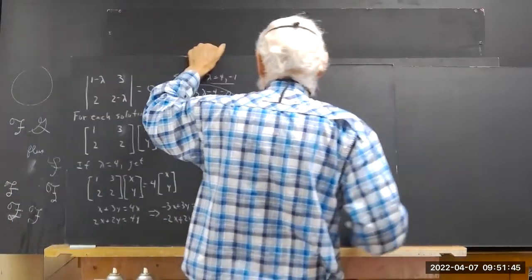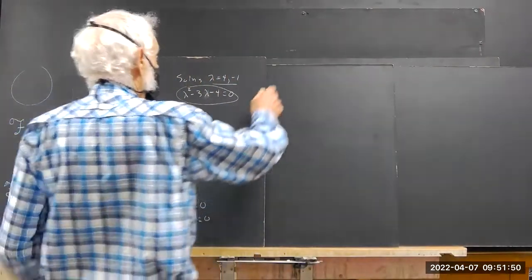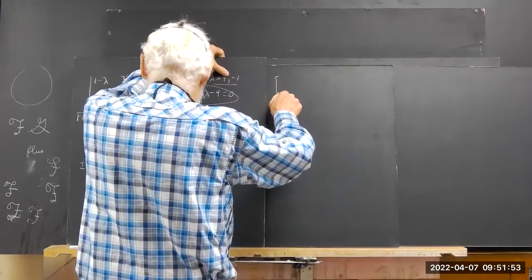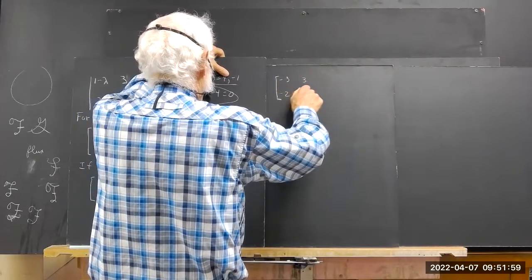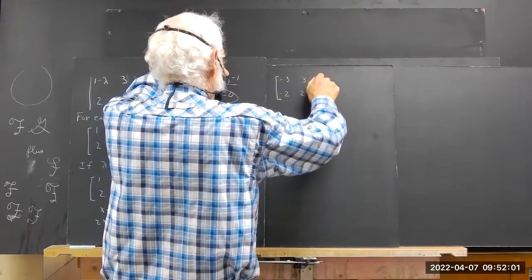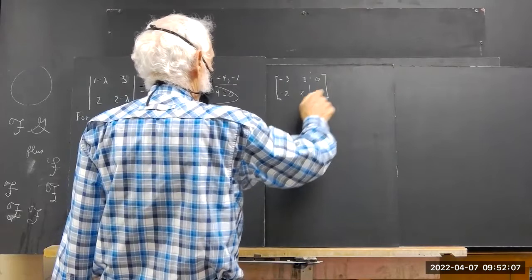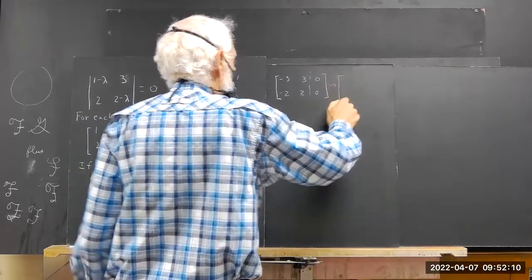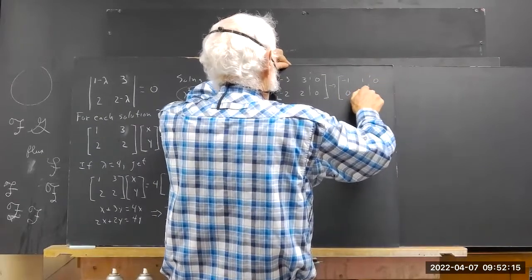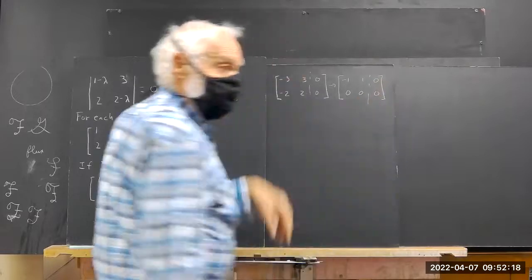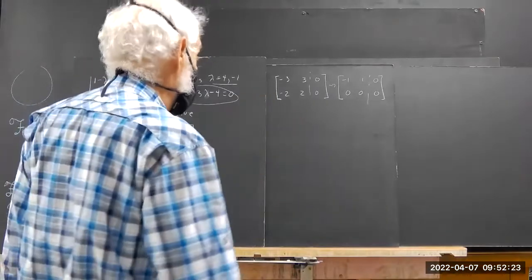If I had written this as an augmented matrix, it would have been the matrix -3, 3, -2, 2, 0, 0, which reduces down to 1, -1, 0, 0, 0, row of 0. Same thing. Just make sure we understand these connections.